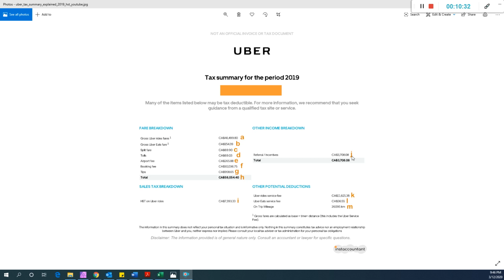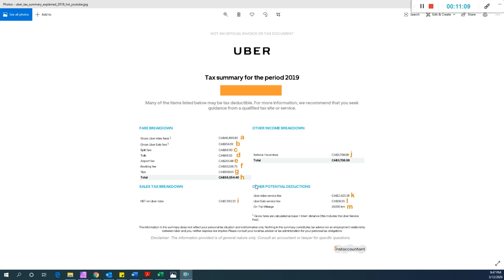Those incentives are not a part of your fare, but are just a kind of compensation or appreciation from Uber. And if a driver refers another driver to drive for Uber and gives them their referral code, that kind of referral incentive is also summed up over here, right?